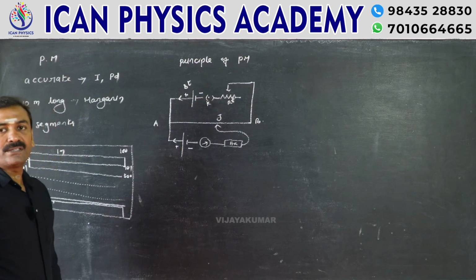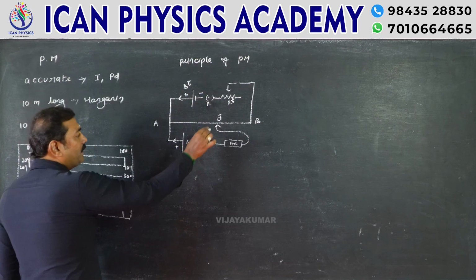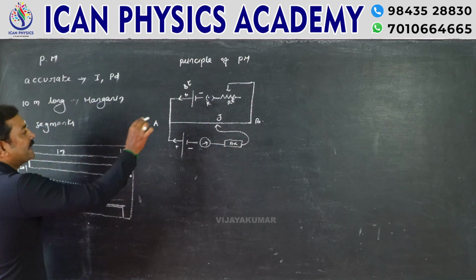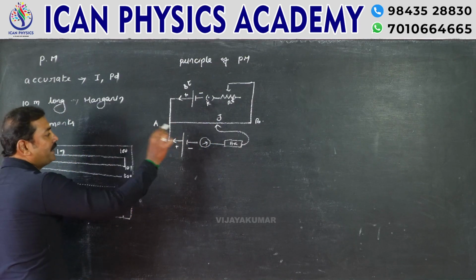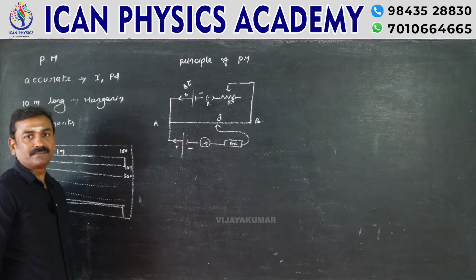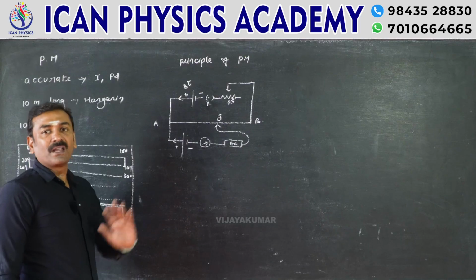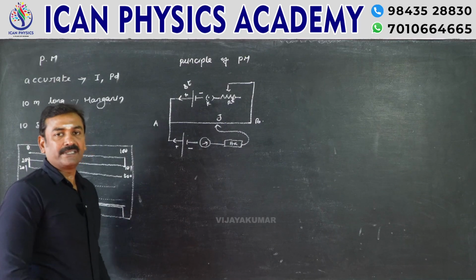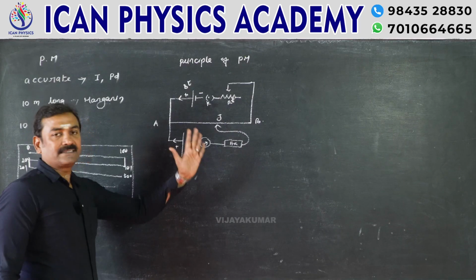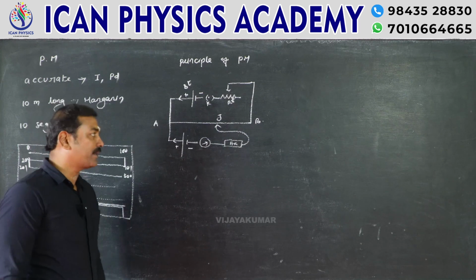Now the current is flowing through the circuits. When the jockey is touched nearby the terminal A, it shows a deflection on the left side. When it touches nearby B, it shows the opposite deflection. Only then is it said to be properly connected.